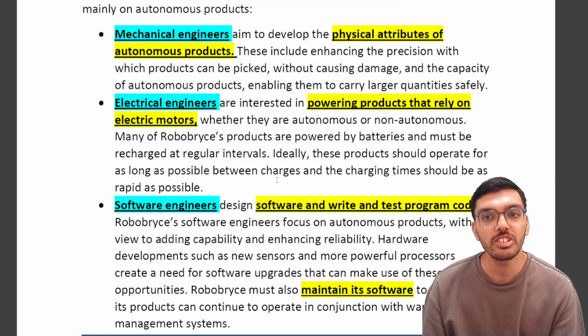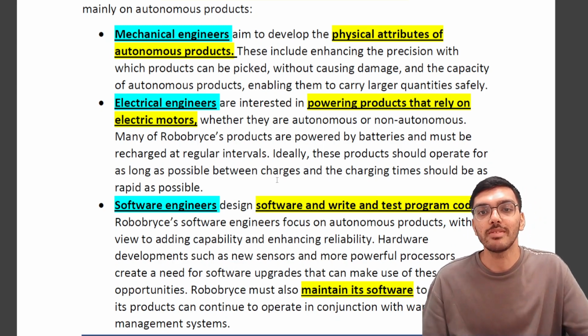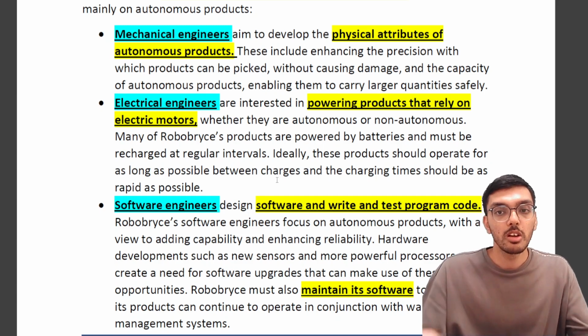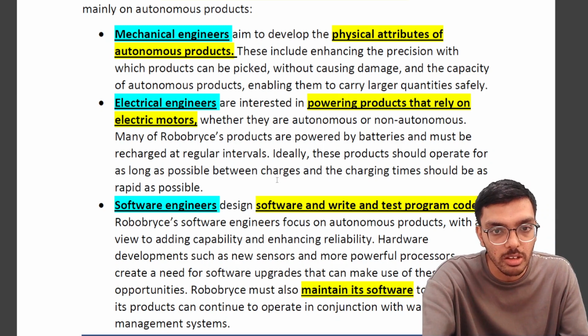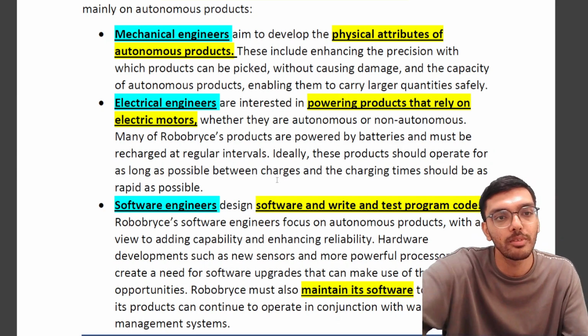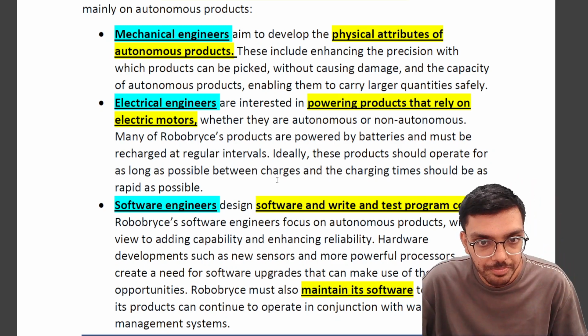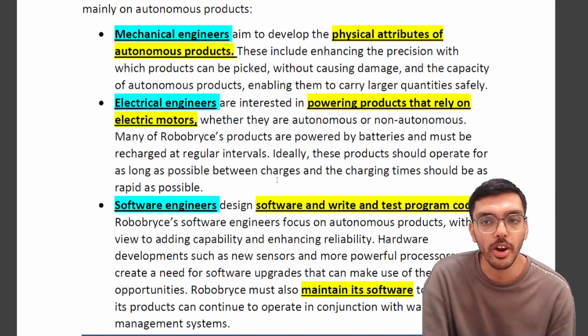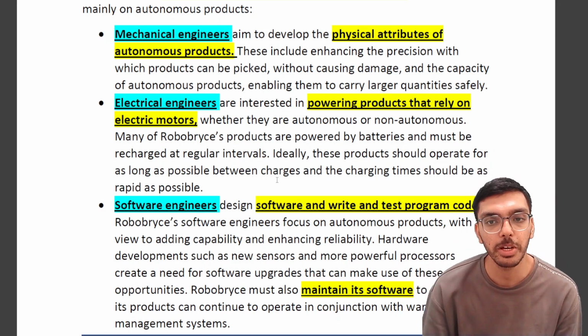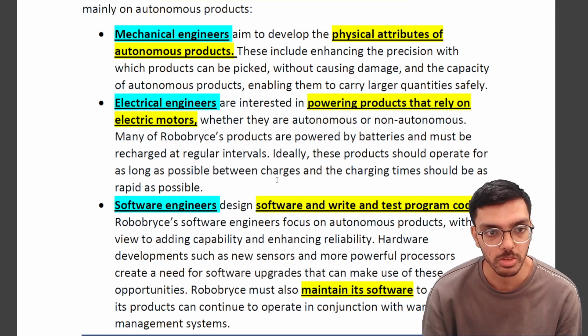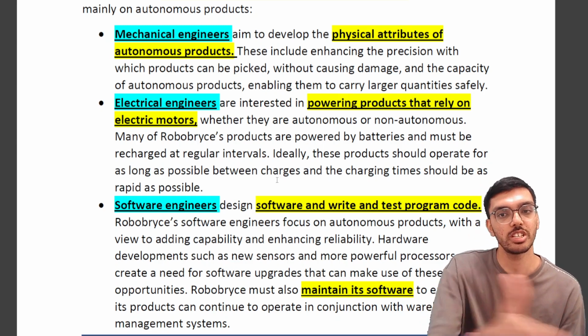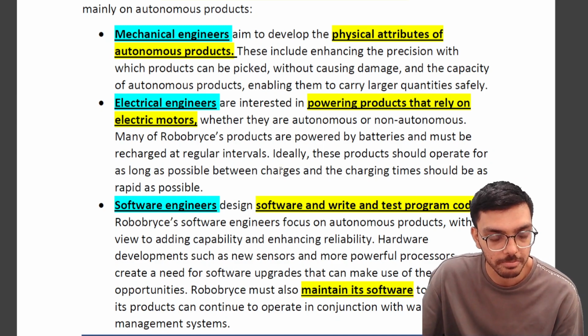So electrical engineers obviously are looking at development of these batteries, which need to be charged at regular intervals. So increasing battery life can be one of their goals. Ideally, these products should operate for as long as possible between charges, and the charging times should be as rapid as possible. So this is what electrical engineers are trying to focus on.